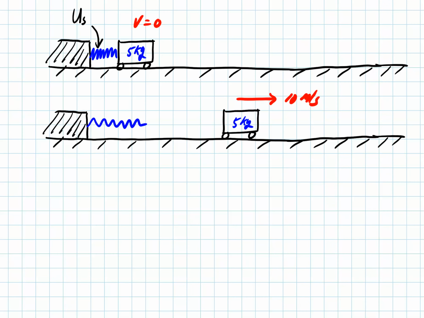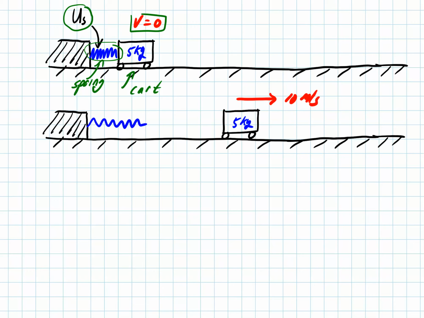Let's use our new definition of kinetic energy to solve an energy problem. In this scenario, I have this classic physics energy scenario. I have a spring and a cart, and at the very beginning the spring is squished, which means it has elastic potential energy in it, and the cart is not moving.